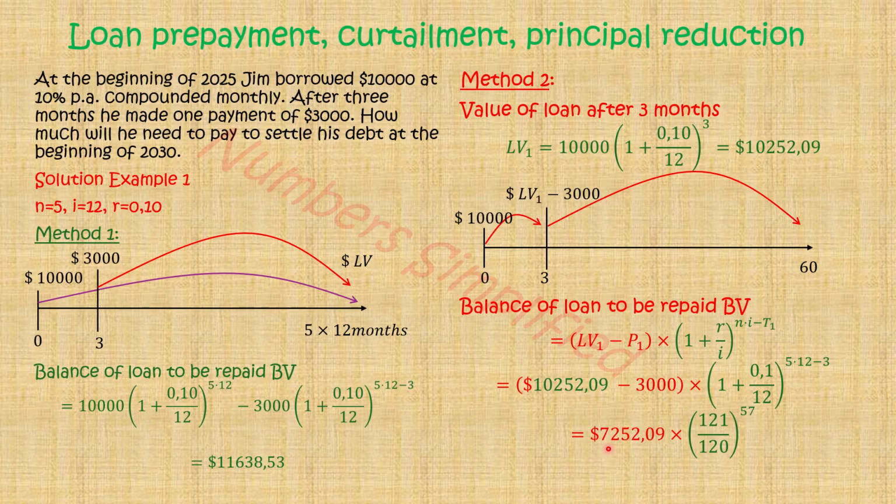So $7,252.09. And then we have that bit, which is the second parenthesis, 121 divided by 120 raised to the power 57. So I'm doing this because I want to keep my values exact.